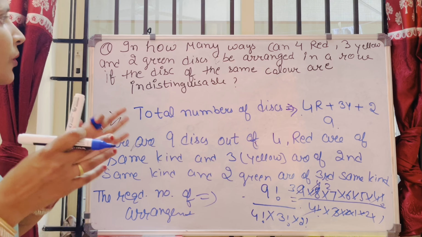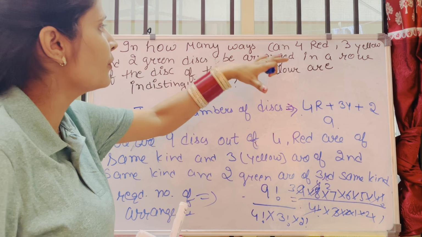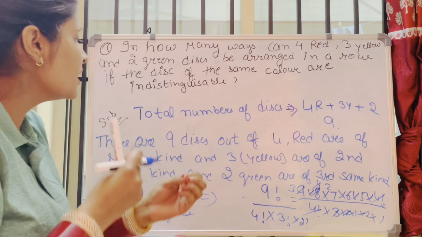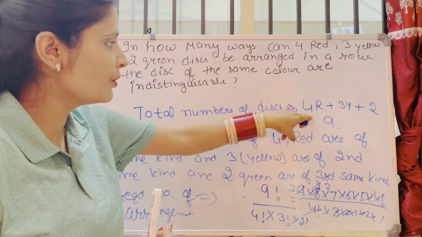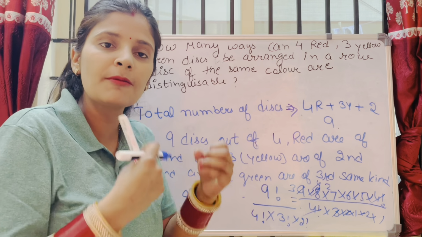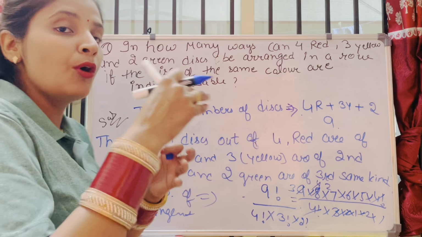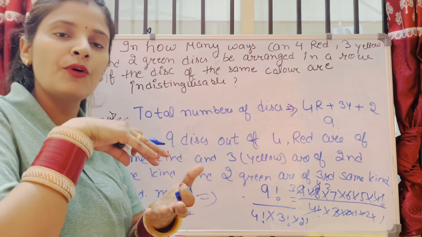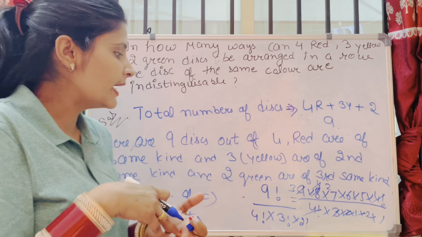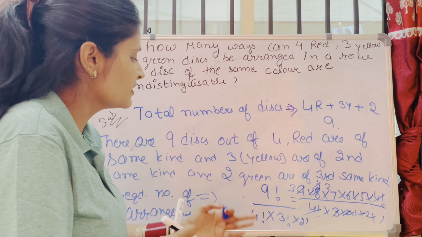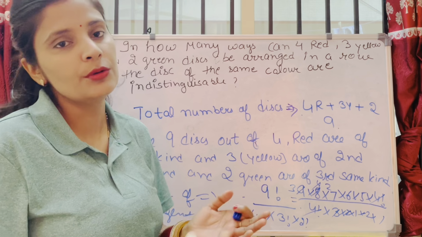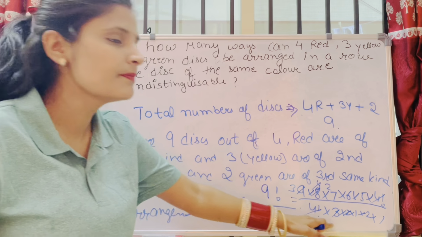So in this question, the total number of discs is 4 plus 3 plus 2, that is 9, which we have to arrange. Out of 9 discs, 4 are red, 3 yellow and 2 green. So the total number of permutations is n factorial upon 4 factorial into 3 factorial into 2 factorial, then the answer will come.